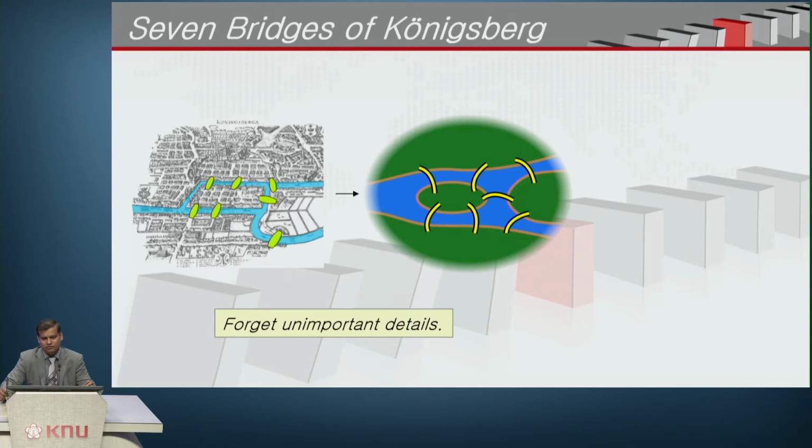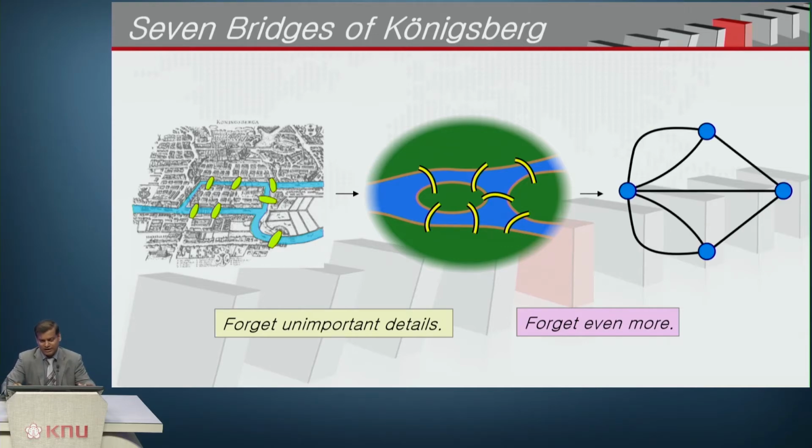Now we forgot the unimportant details and we come up with this diagram, which has 7 bridges across the river that passes through Koenigsberg. Furthermore, we can refine it by forgetting more unimportant details. That's where the actual graph comes in.